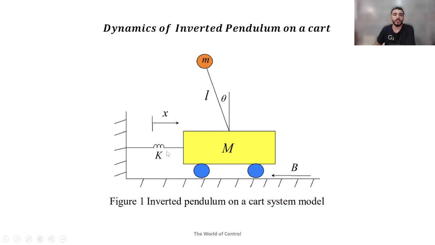And we have a spring here that is attached to the cart and that has the coefficient of k, and the ground with the cart has the friction coefficient of b. We can describe all the different positions of the system with 2 degrees of freedom of x and theta. That x is the position of the cart and theta is the angle of the pendulum.